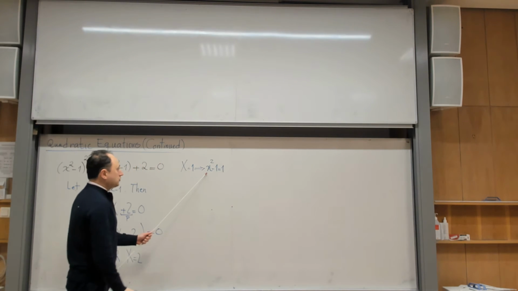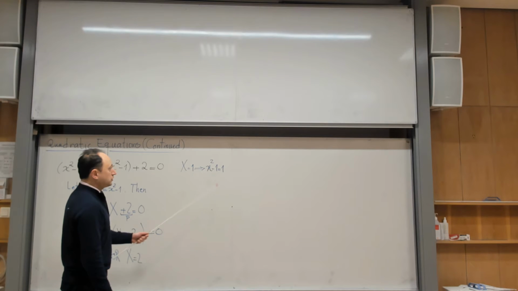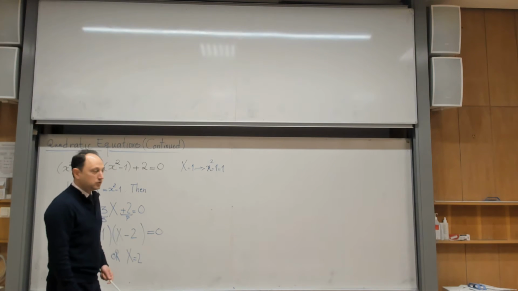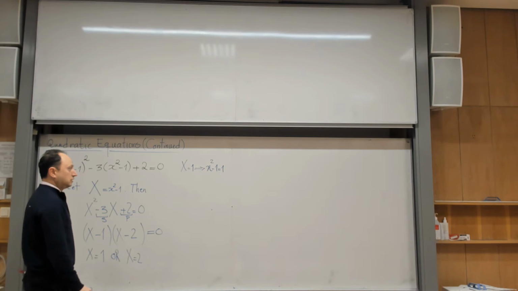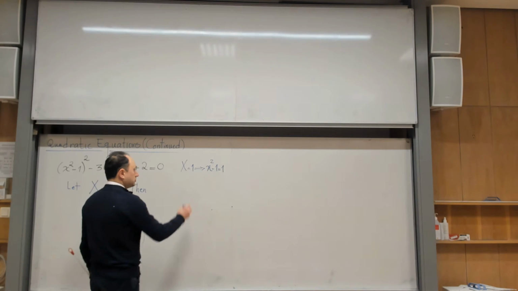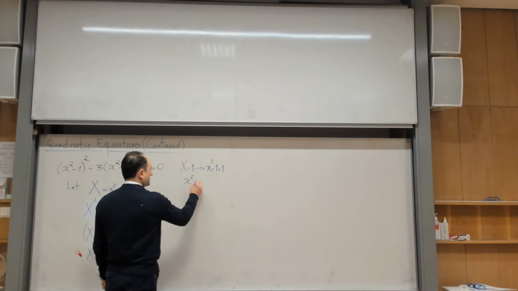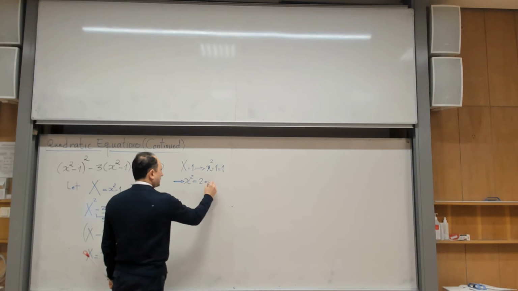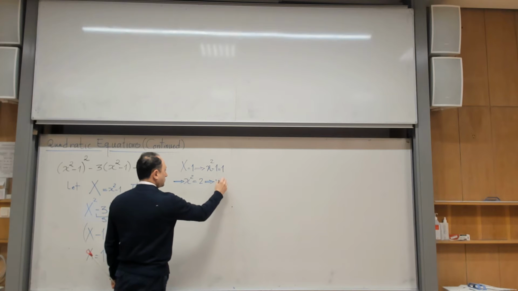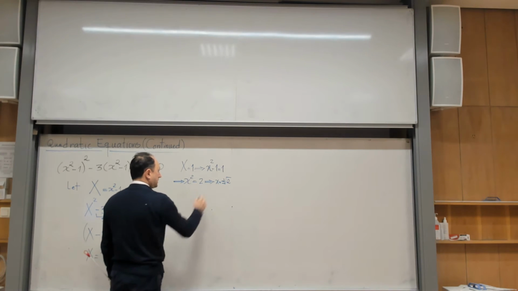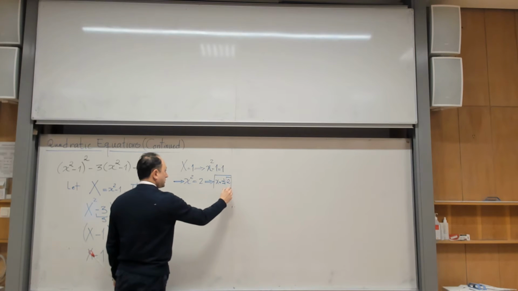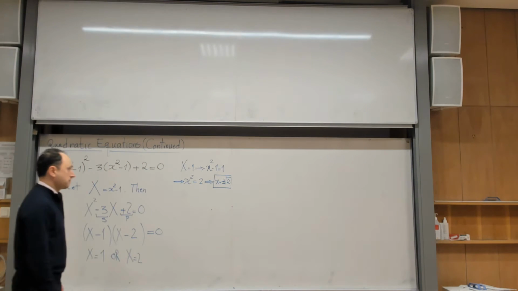Of course, this is a quadratic equation, but this is one of those equations for which b is 0. So instead of using the PQ formula or whatever, it is easier to move this to the other side. So this becomes x squared is 2. And you are looking for x, so x becomes the square root of 2, but remember, plus or minus. So these are 2 solutions that I get.